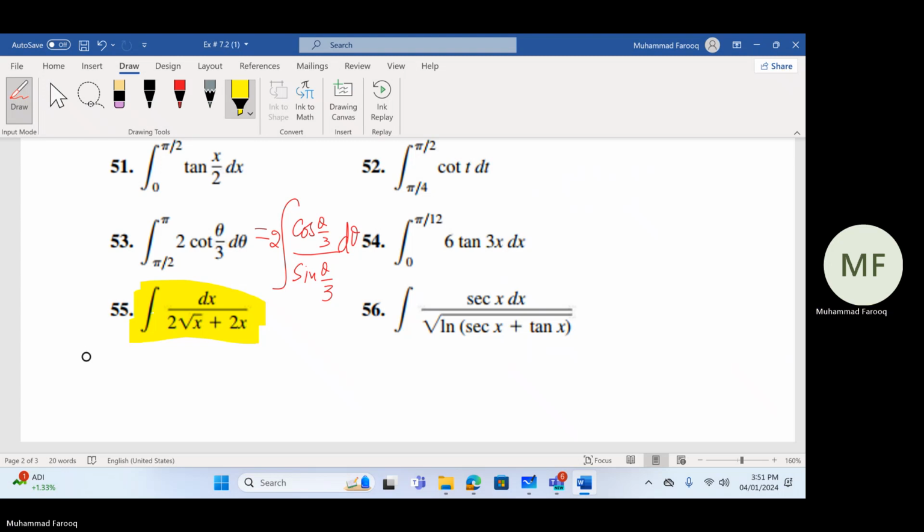Yes, it's working. You should take 2 root x as u.